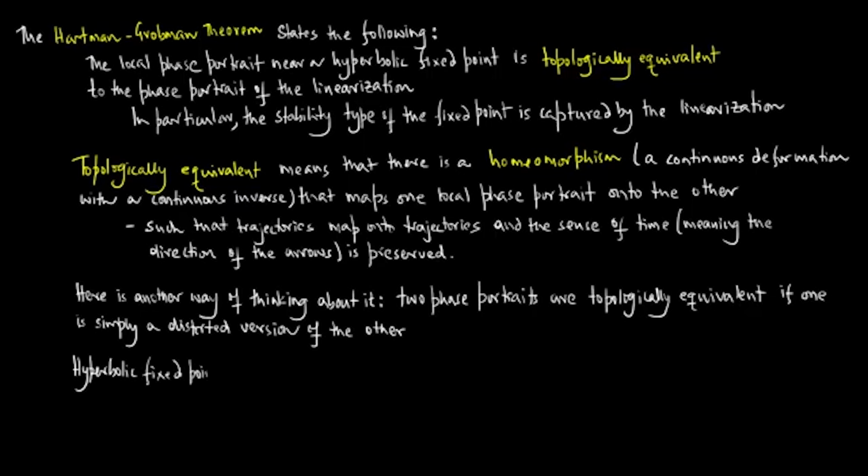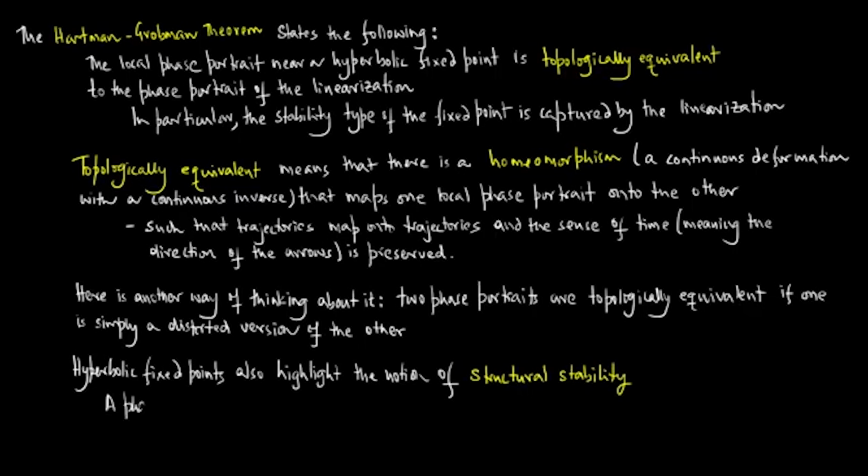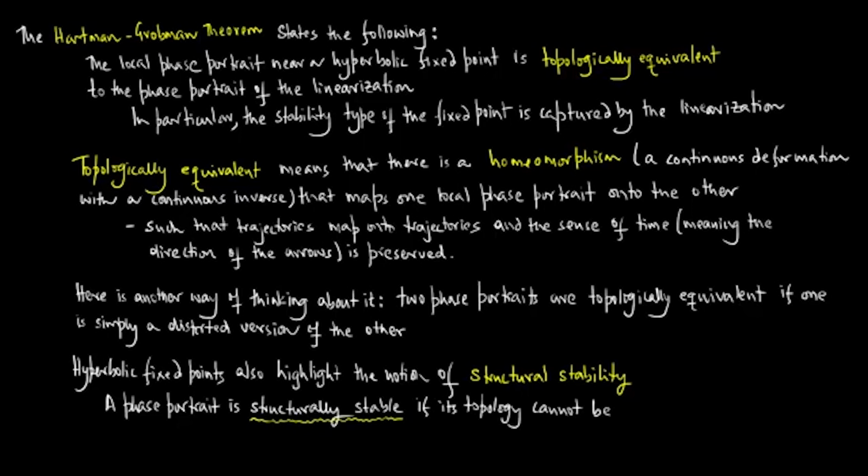Hyperbolic fixed points also highlight the notion of structural stability. A phase portrait is structurally stable if its topology cannot be changed by an arbitrarily small perturbation to the vector field.